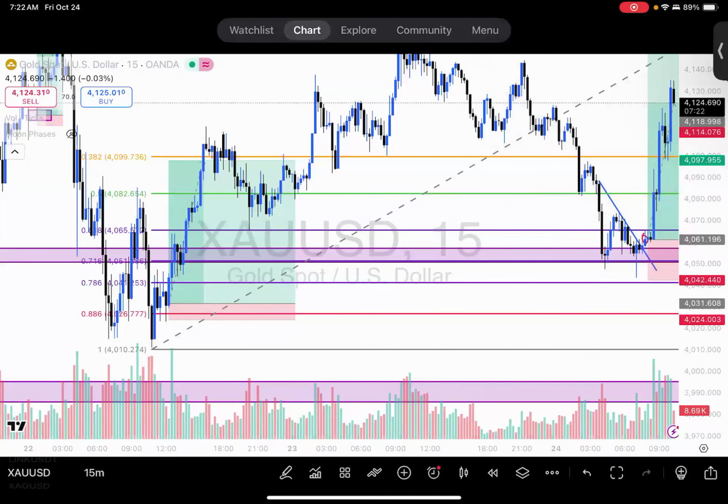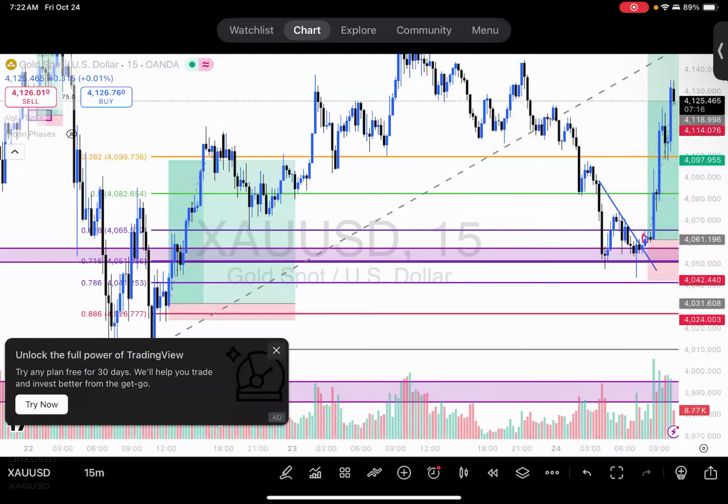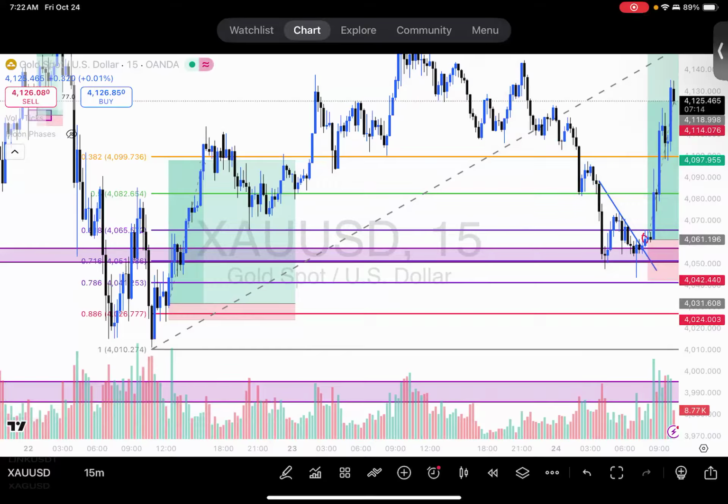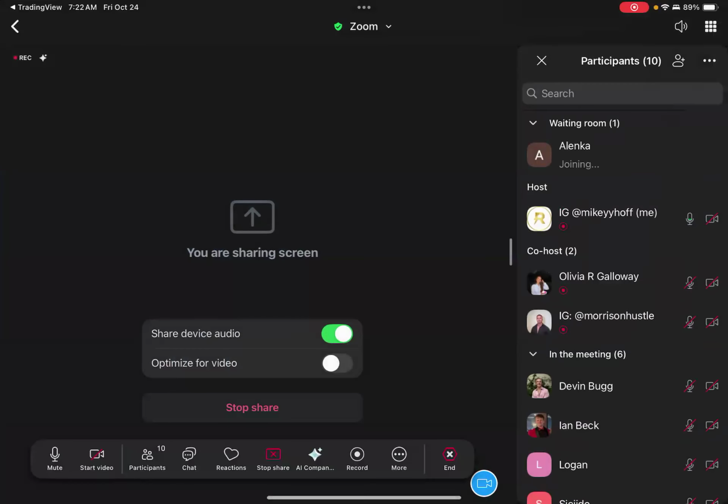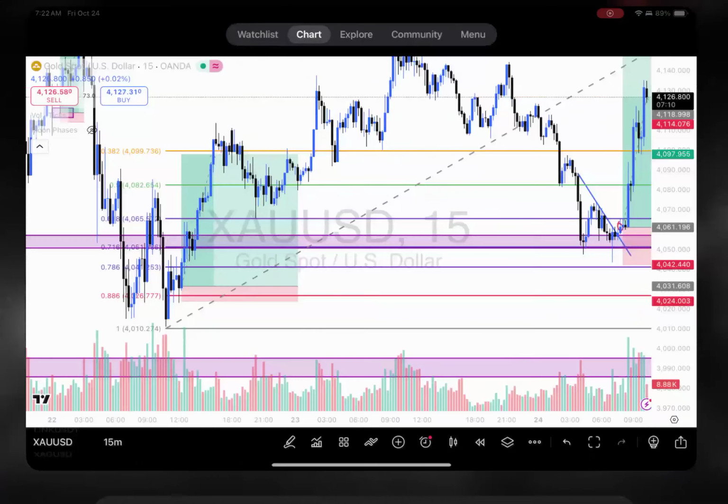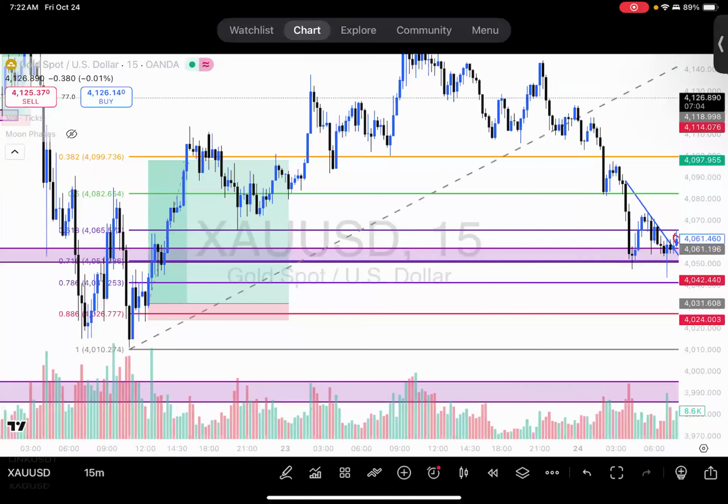Where there's a fair value gap, some kind of order block, right? Where the market can come back to, where the banks and the institutions are looking to take some trades or break even on some trades that they had taken before, right?